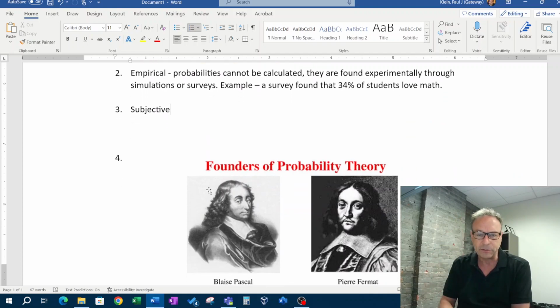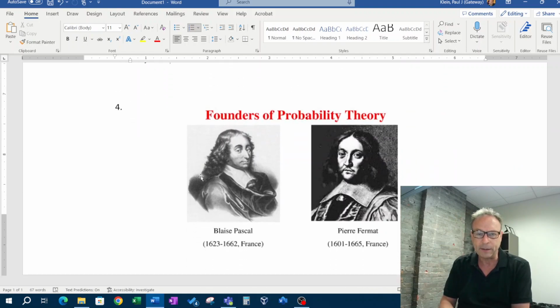Then the last thing I wanted to tell you about probability, which I kind of love this part of human development. It turns out that 2 men in the 1600s, Blaise Pascal and Pierre Fermat, wrote letters back and forth. They were both mathematicians, and they came up with probability theory over a problem called the problem of the points.